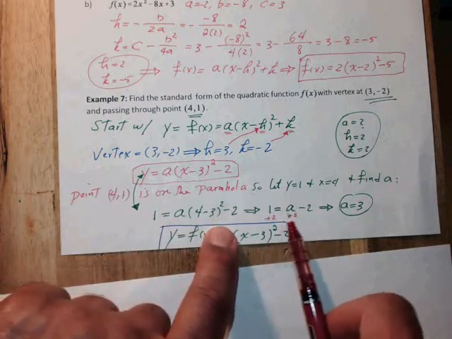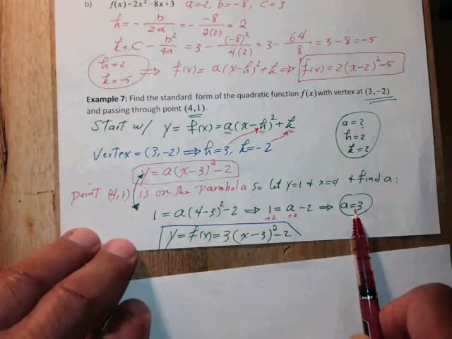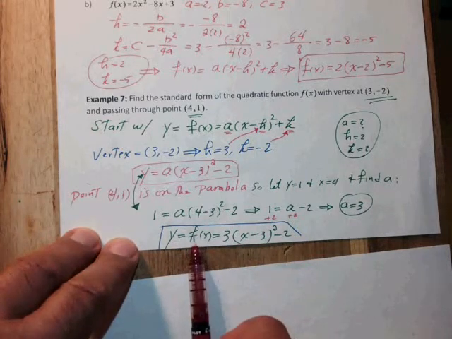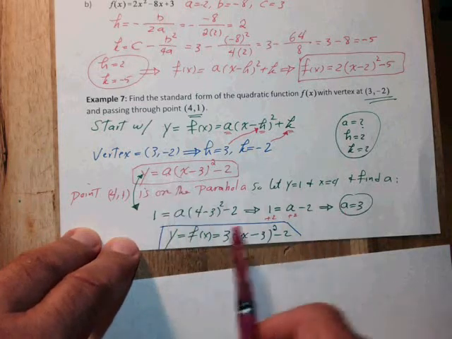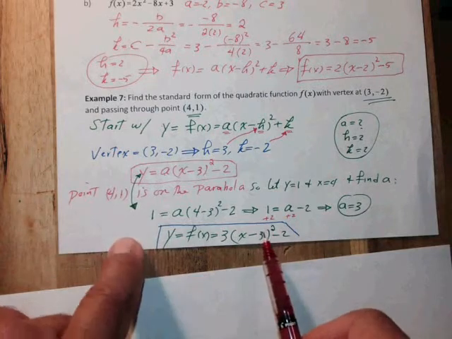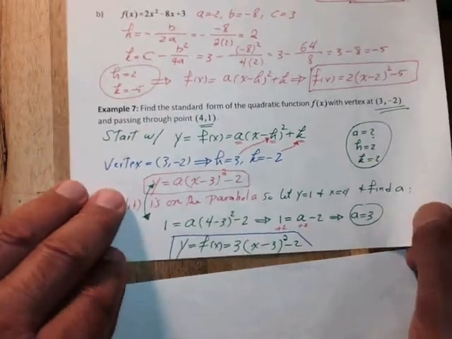Then the unknown is a. I add 2 to both sides. I get a equal to 3. And therefore y equal to f of x, I replace this a by what I got: 3 times (x minus 3) squared minus 2, and that is the equation of the parabola I was looking for.